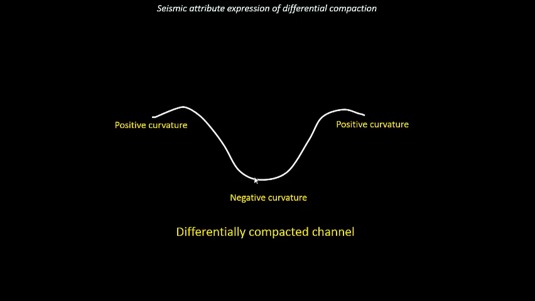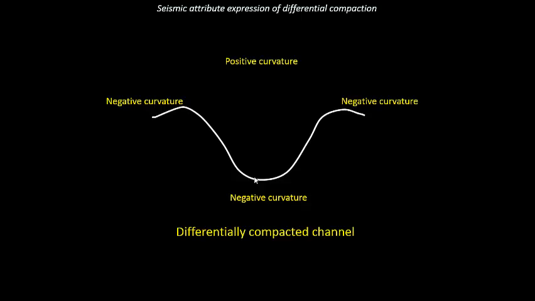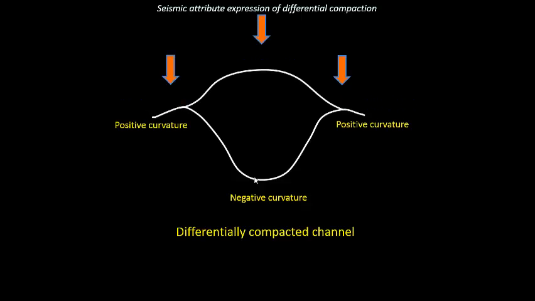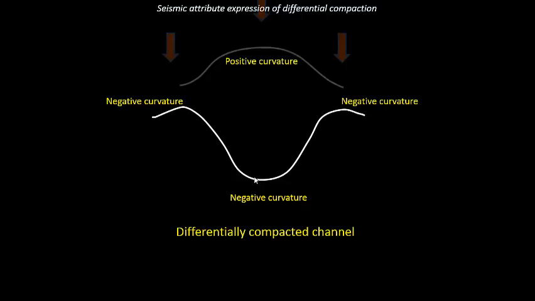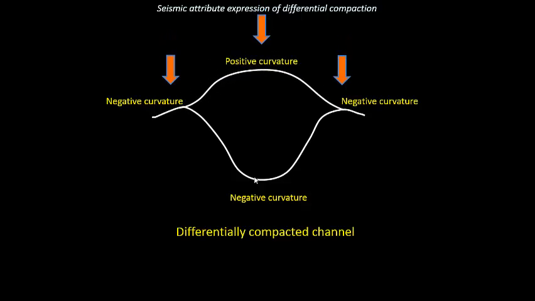But when it comes to differential compaction that may take place on the data, you notice differential compaction gives me a shape that has a negative curvature on the levee, that is on the two sides, and there is a mound on the top which is showing us a positive curvature because it has an anticlinal shape there.